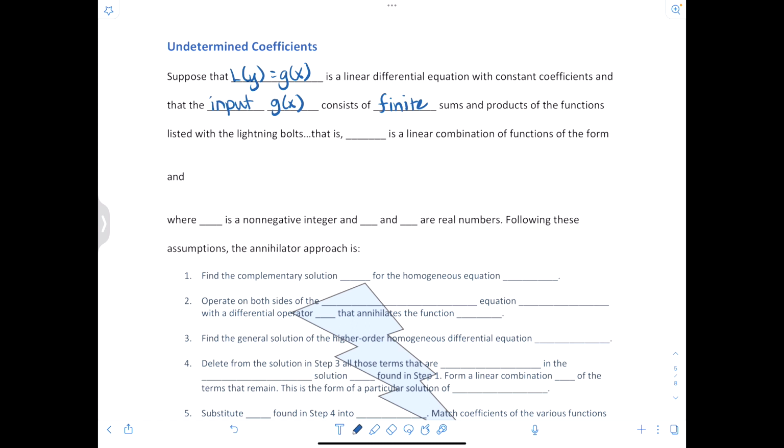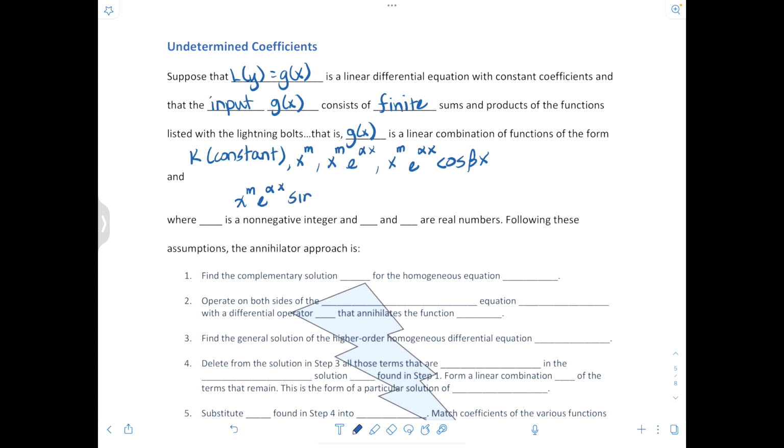That is, g at x is a linear combination of functions of the form k, meaning a constant, x raised to some m, x to the m times e to the alpha x, x to the m times e to the alpha x times cosine beta x, and x to the m e to the alpha x times sine beta x.